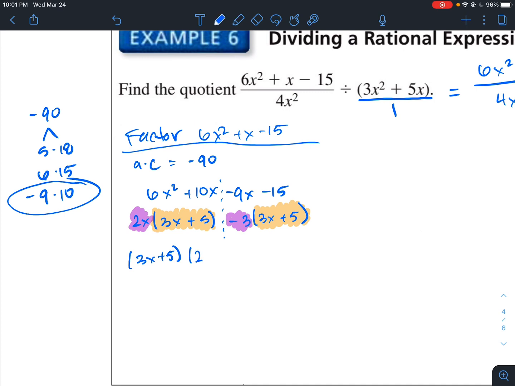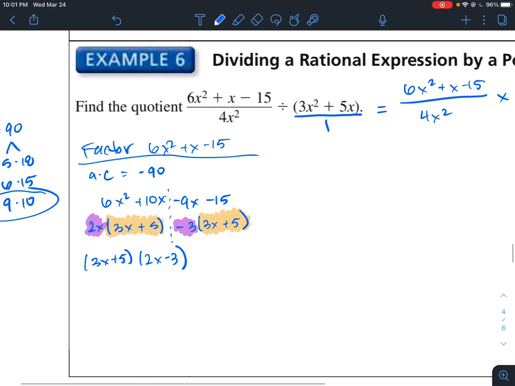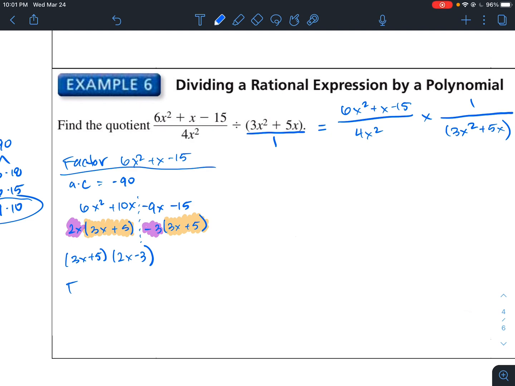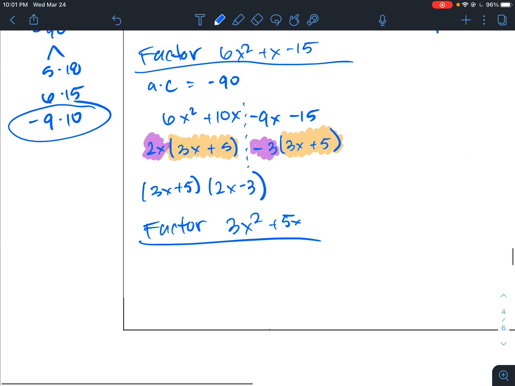So 2x minus 3. So that's this factored. Okay, now let's see if we can factor 3x squared plus 5x. And what they have in common is just an x. So then I'm going to be left with 3x plus 5.